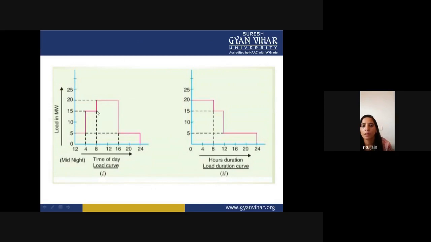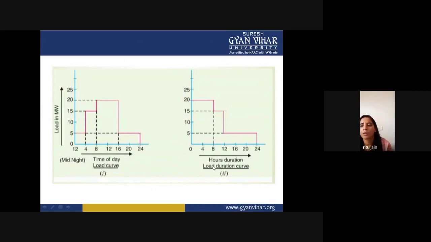Then after 8 a.m., 8 to 4, the load is 20 megawatt. After 4 p.m., the load is again 5 megawatt, and in the night it becomes almost zero. Not zero, but the load is light.